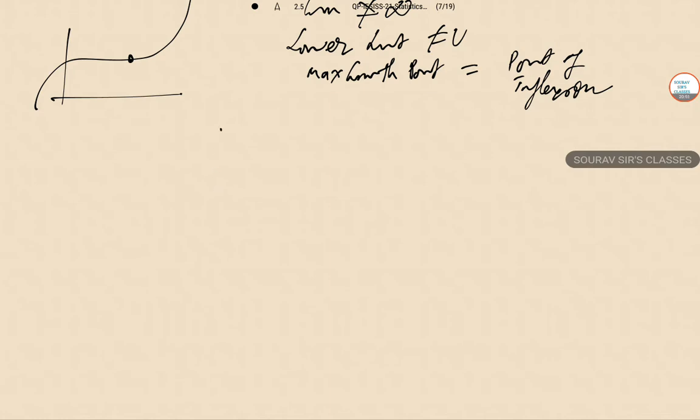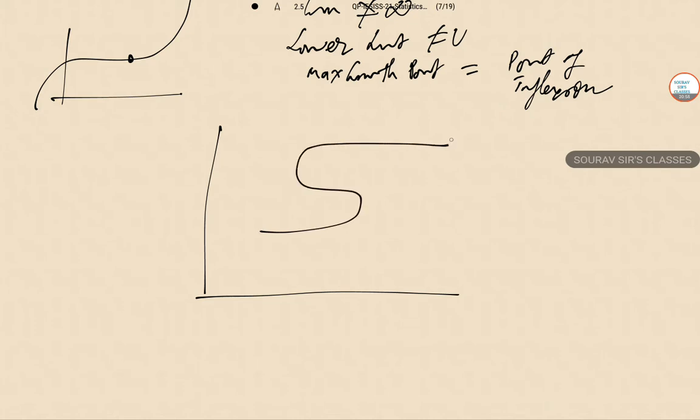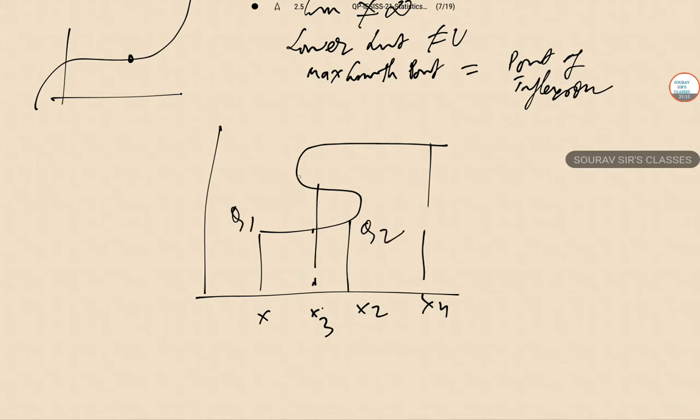With respect to time period, I'm just giving you a basic formation only. It looks like this for a particular case, like x1, then x2 will be here, then x3, and then x4. So like q1, q2, q3, q4, q5, q6. In that way this has been done.